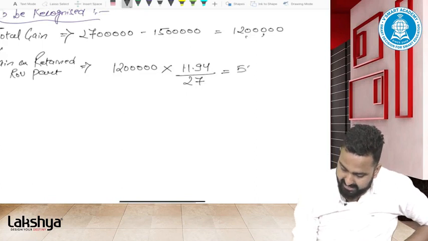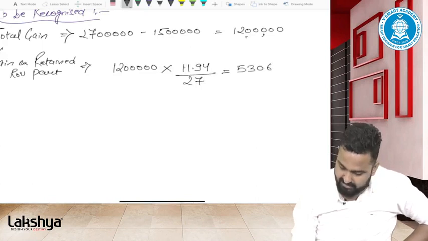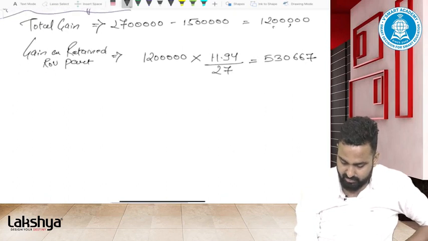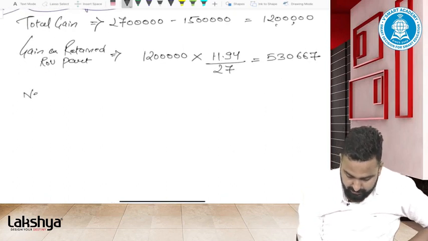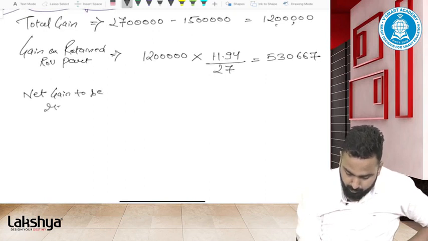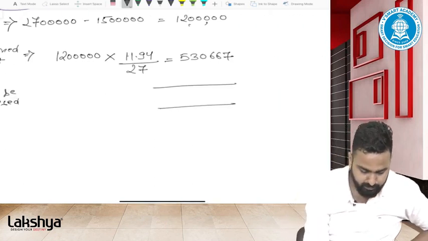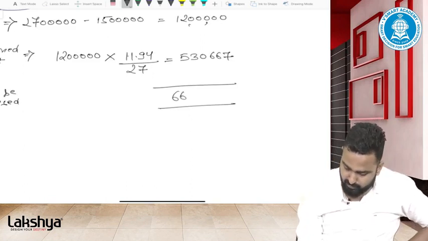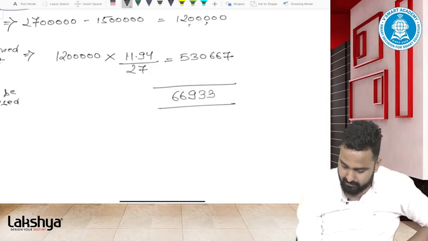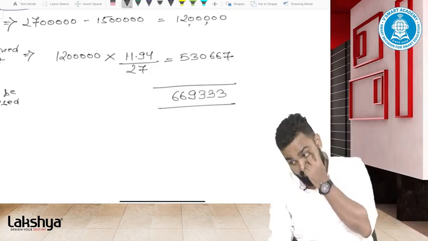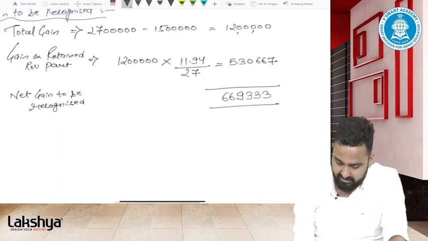It should be 530,667. So the net gain to be recognized is 669,333.